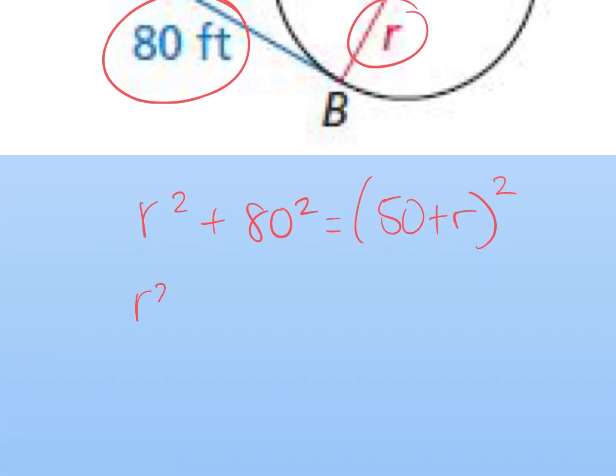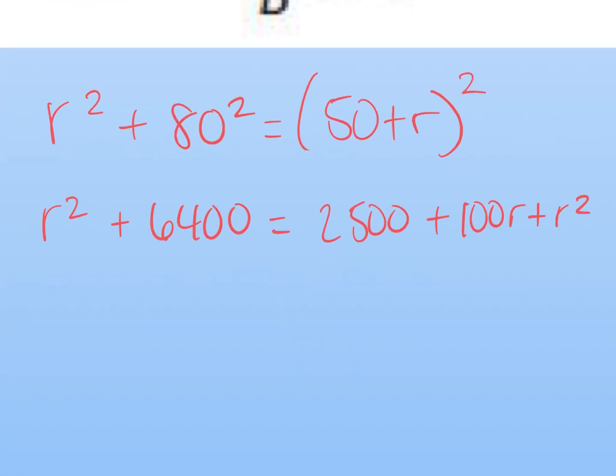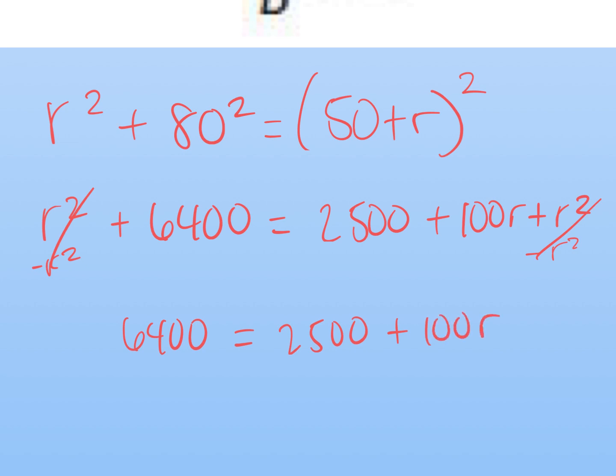R squared is just going to be r squared. 80 squared is going to be 6,400. When you square 50 plus r, when you FOIL it out, you should get 2,500 plus 100r plus r squared. Then you subtract the r squareds from both sides. They're going to cancel. You get 6,400 equals 2,500 plus 100r.